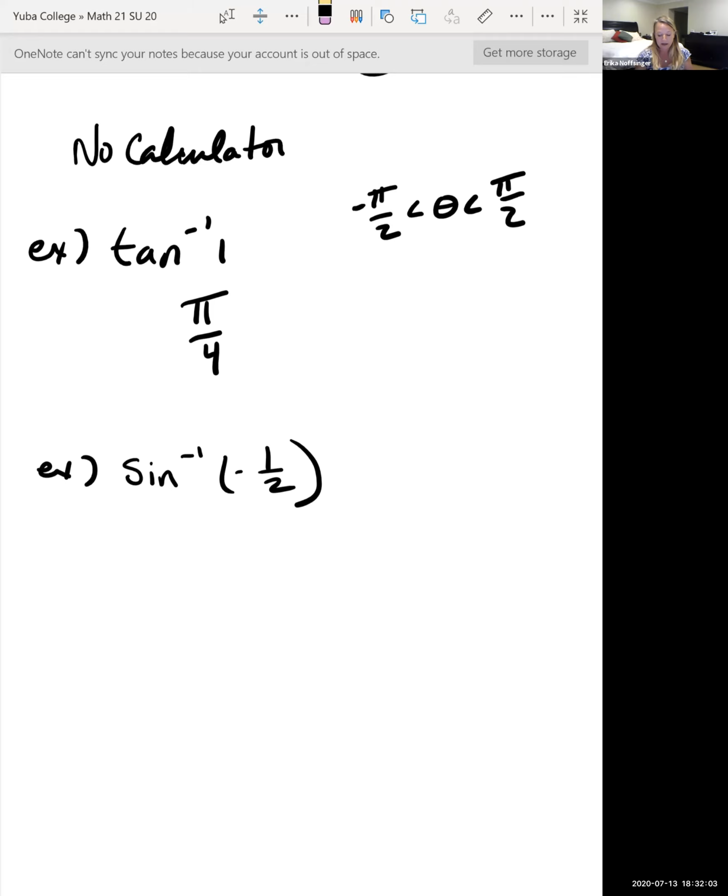I notice that sine inverse of that value is negative, so I have to fall in quadrant 4, but I'm going to express quadrant 4 as between negative pi halves and 0. I then ignore the negative and think, what sine value gives me positive 1/2? That's 30 degrees or pi 6. And so, reference angle, to get that down into the fourth quadrant, I would write that as negative pi 6.